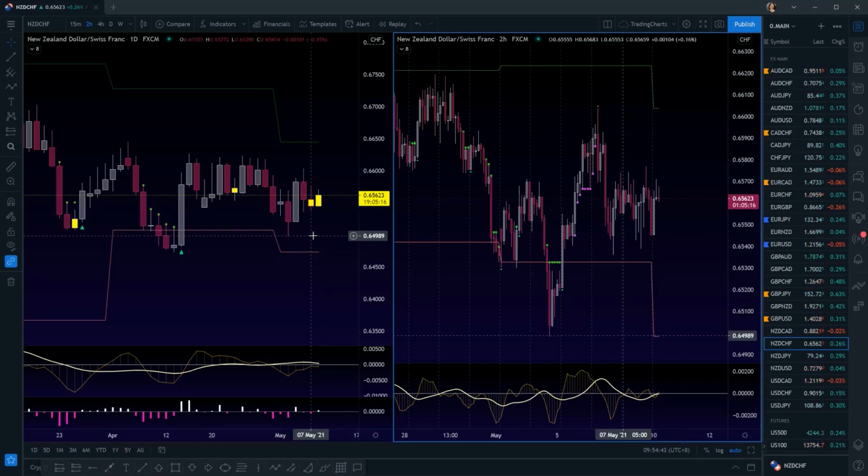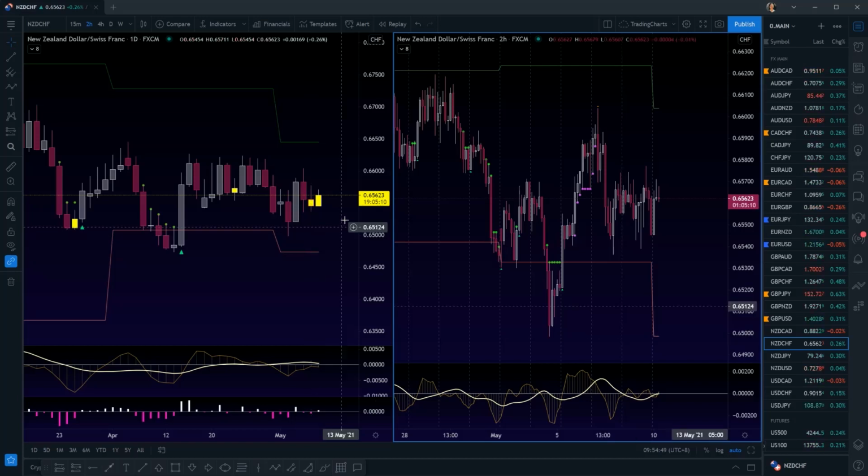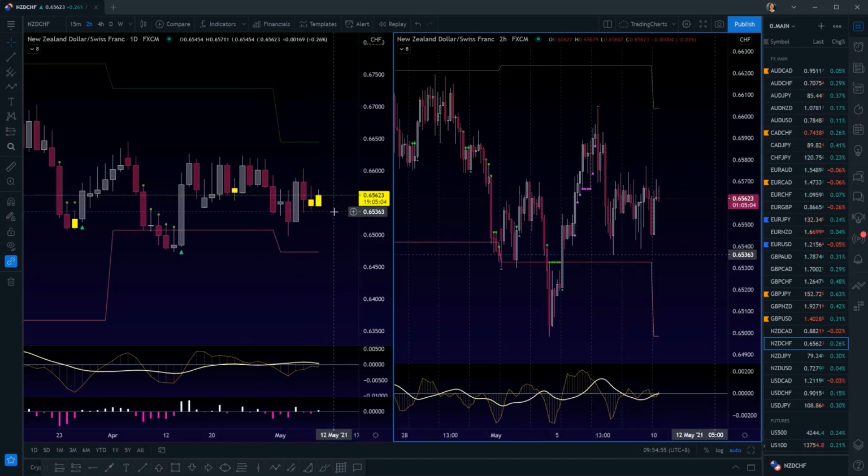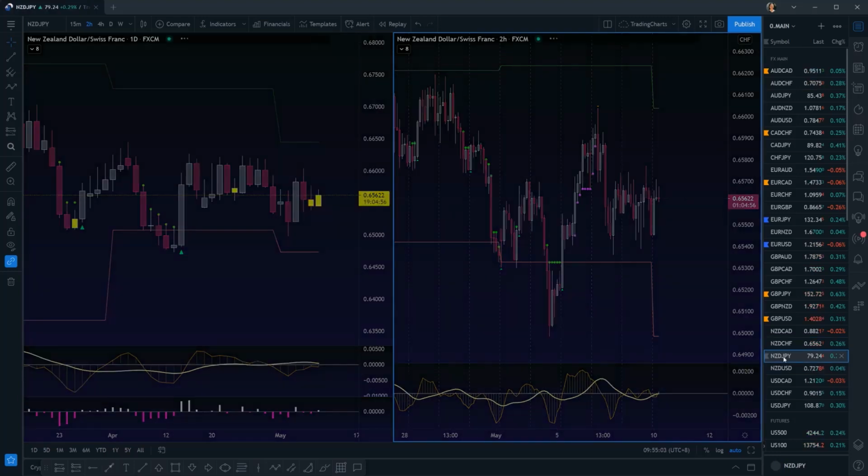So I will still take note of this kind of pattern, because that means there's consolidation, and when there's consolidation, you're looking at range expansion. So whether it's upside or downside, we don't know. You can't tell. So nothing to trade here.